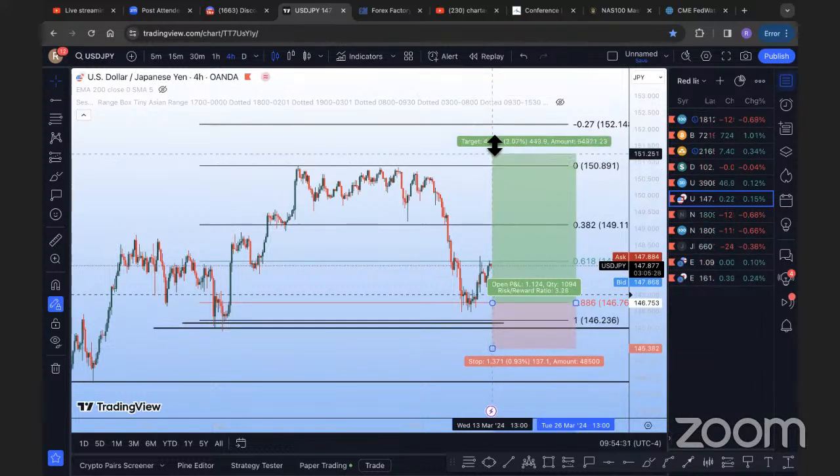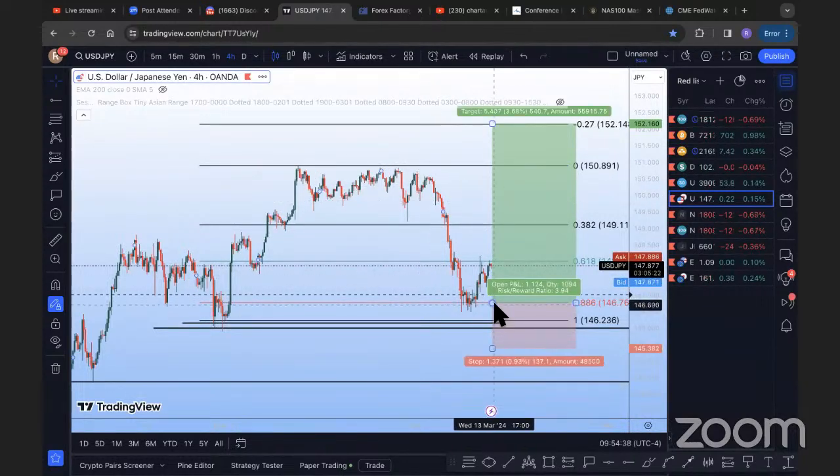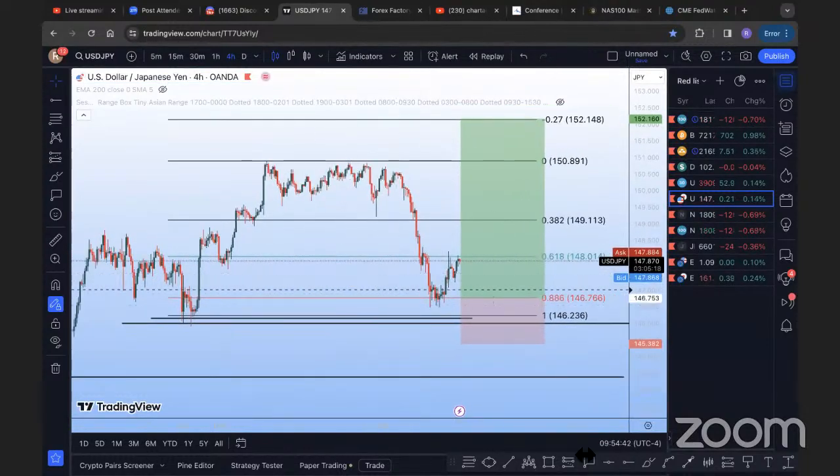Actually, 145.38. Okay, my alert is set. I want to see a retest of that entry zone at 146.7, and then that's where I'll be looking for this swing trade. So I'm actually moving UJ up on the list. UJ just graduated.